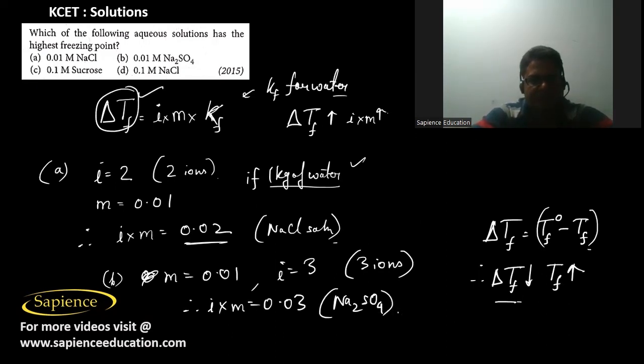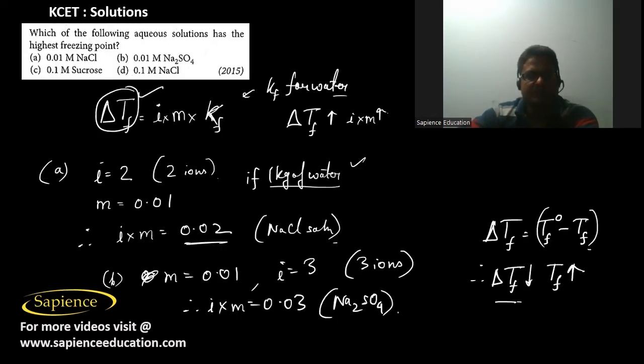Then for option C, that is 0.1 molar sucrose. So here the Van 't Hoff factor I for sucrose is 1, since it will give no ions. Only one single molecule will be there. And molality is 0.1.